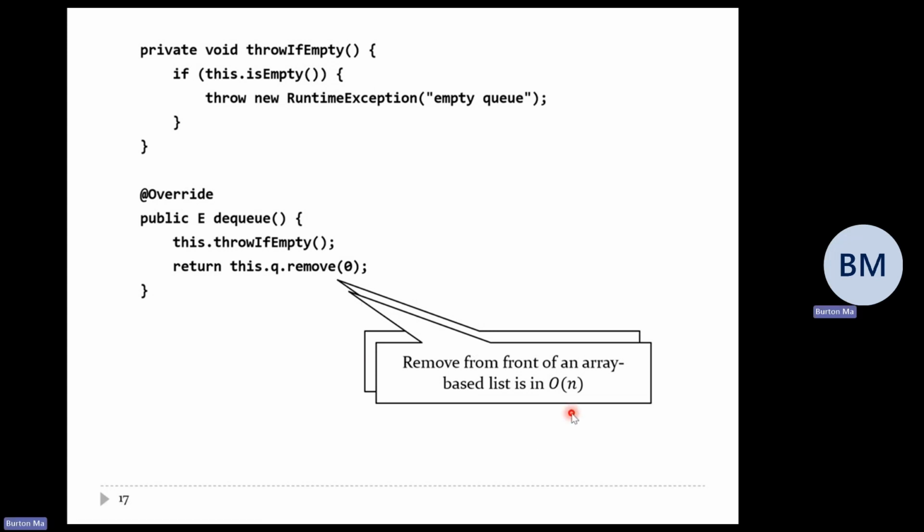Right. When you remove from the front of an array-based list, that has complexity big O of n. Right. I have to shuffle all the remaining elements forward one position in the array. We would like to avoid this operation right there, right? Because I don't want one of the fundamental operations to be in big O(n) if I can make it faster.